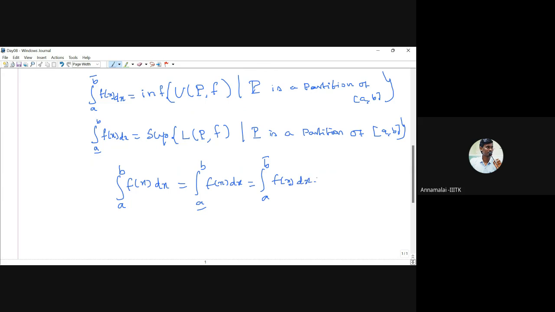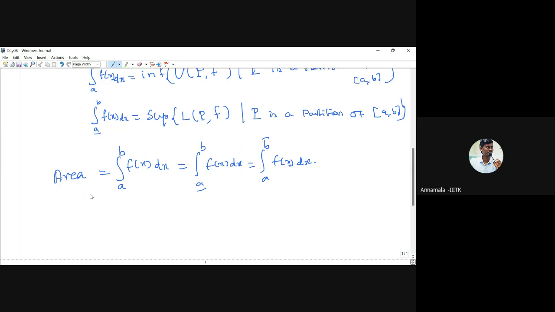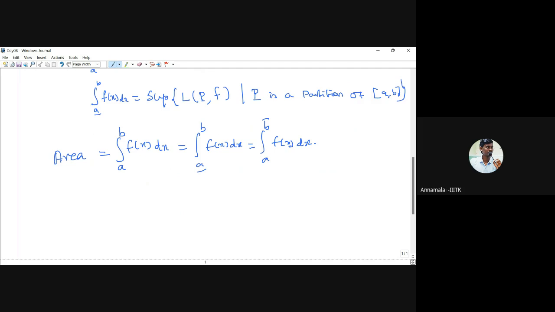So in the single variable case, this is actually the area of the region bounded by the curve f of x, x equal to a, x equal to b, and y equal to 0. Because we draw the graph for this one. Suppose we have a plane.